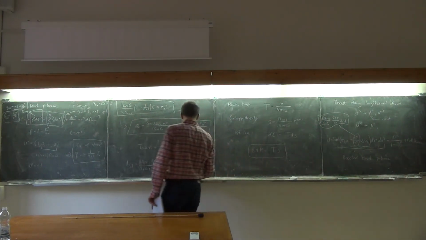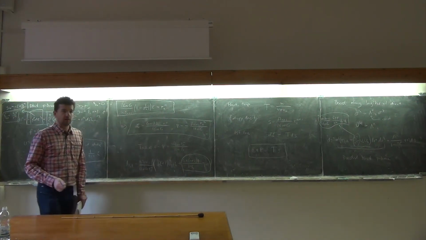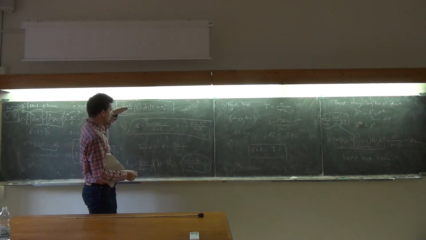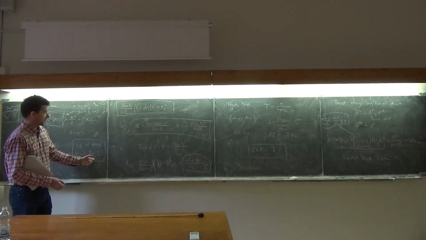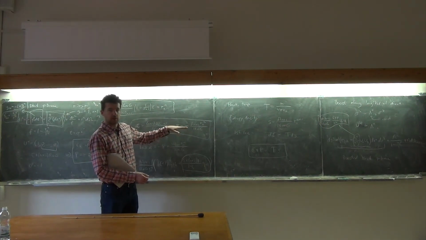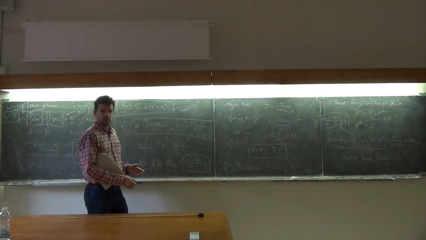And that part here has to be 0. So in the end, you get the same equation of state, you get the same energy density and pressure, but now you get a different fluid velocity.